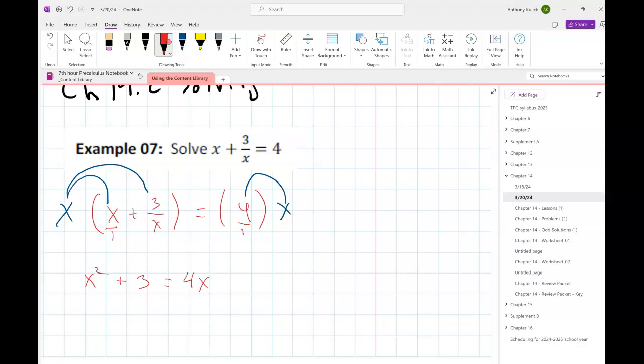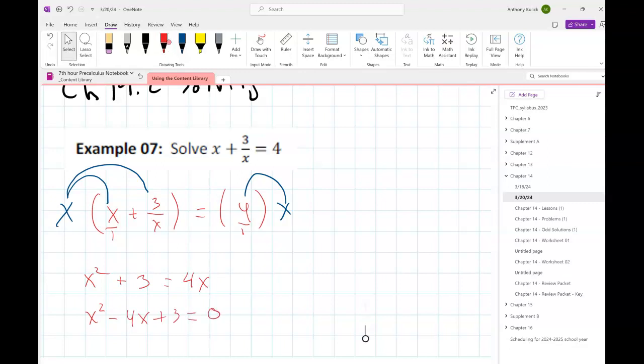What type of equation is this that we have left? Starts with a Q. Quadratic. To solve a quadratic equation, what's the first thing I need to do? It's got to equal 0. So let's subtract 4x from both sides.